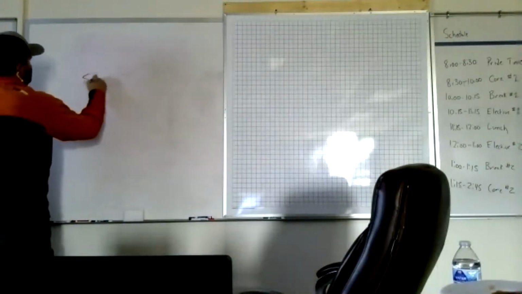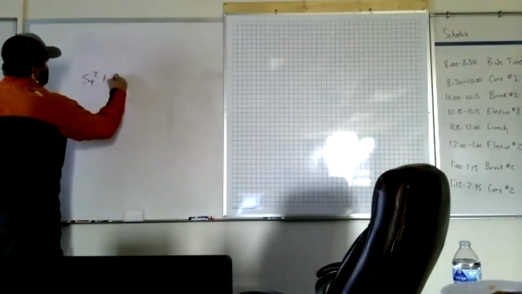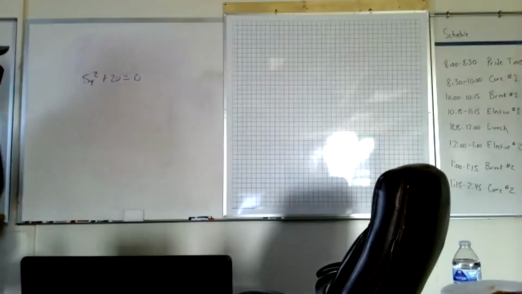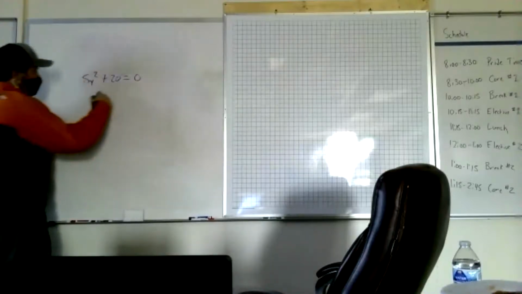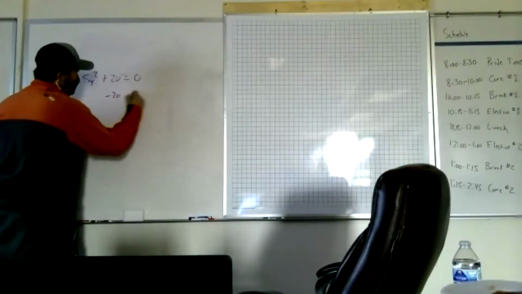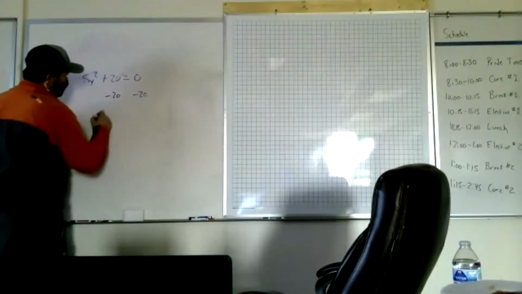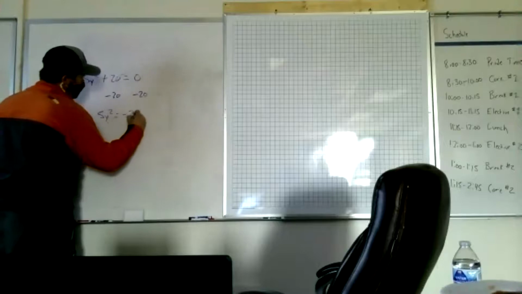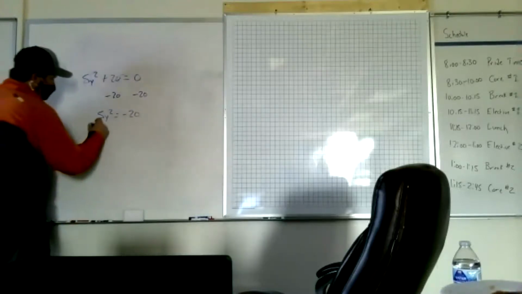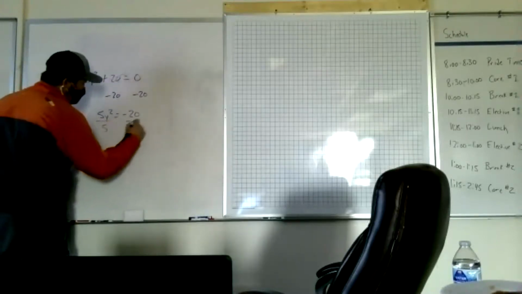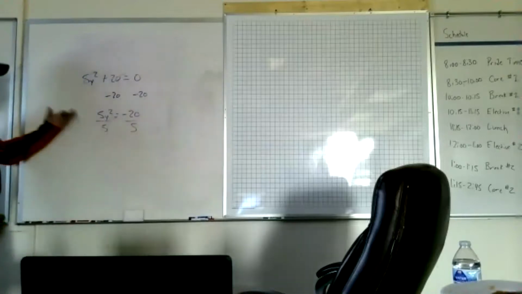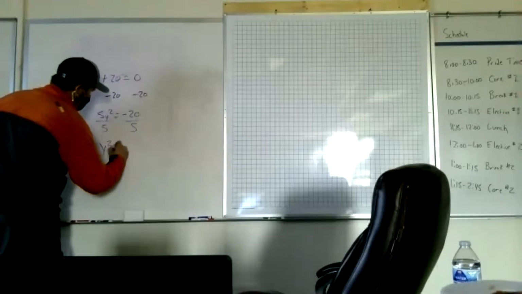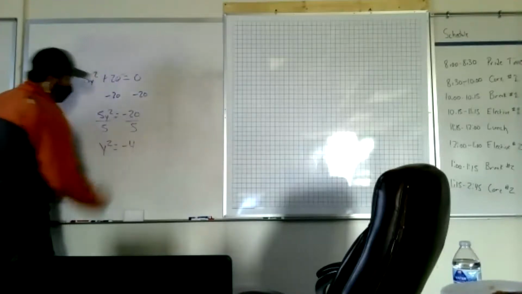We handle it the same exact way. Subtract 20 from both sides. We have 5y squared is equal to negative 20. We divide both sides by 5, continuing to isolate the variable. Your y squared is equal to negative 4.